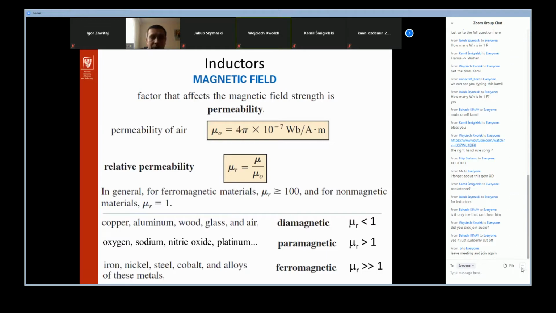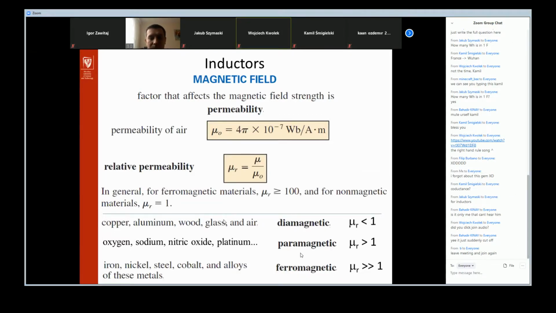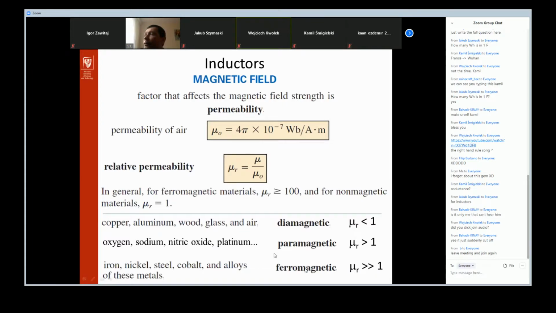For example, 3,000 or 6,000. It means that ferromagnetic materials are good conductors for magnetic fields. For example, nickel, iron, steel, cobalt, a lot of alloys, and something like that.